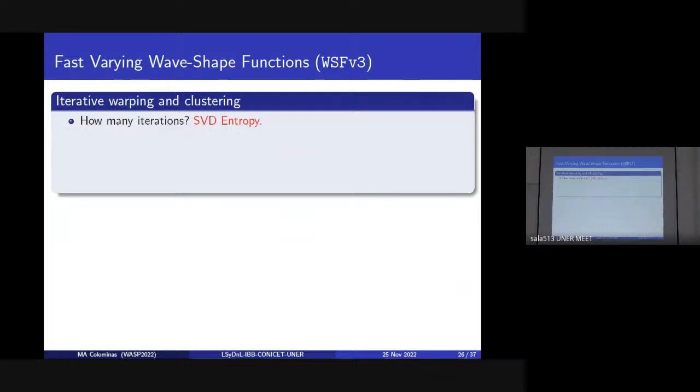In that case, you will only have one singular value different from 0, and you will have the smallest possible value of the SVD entropy. In the opposite case, if the rows are very different from each other, then all of the singular values have more or less the same weight, and you will have the maximum value.